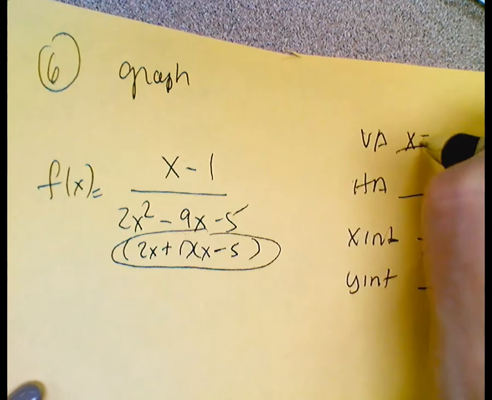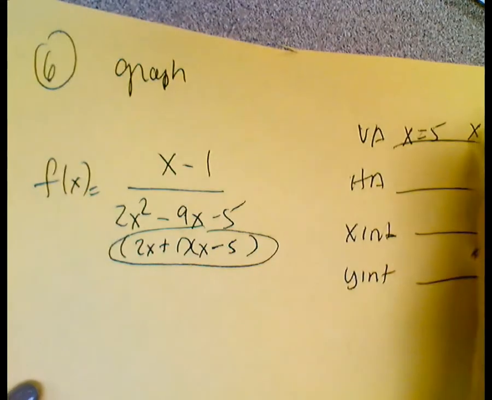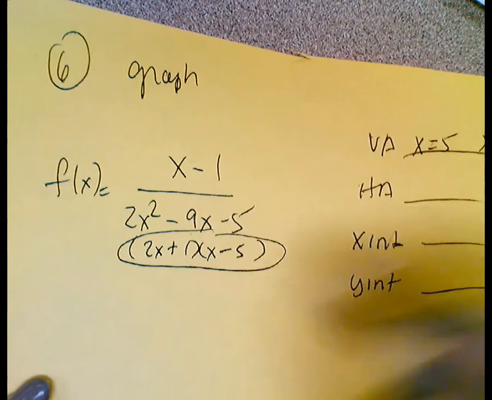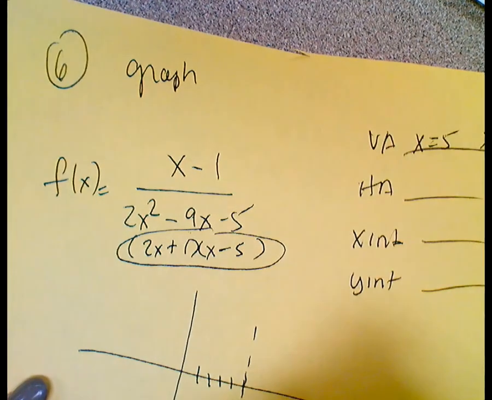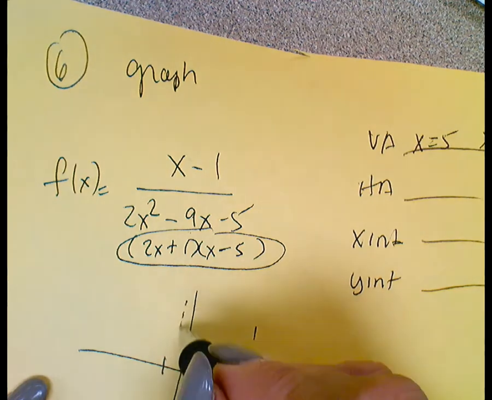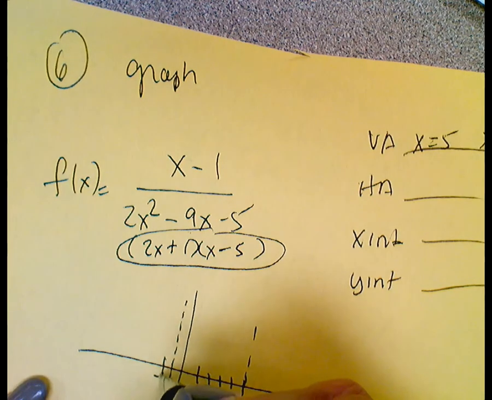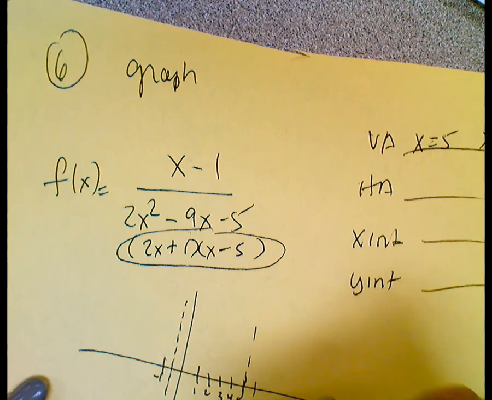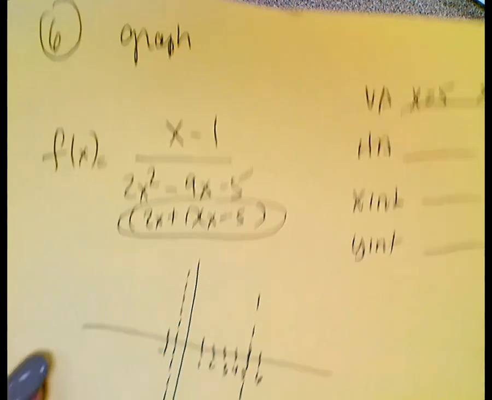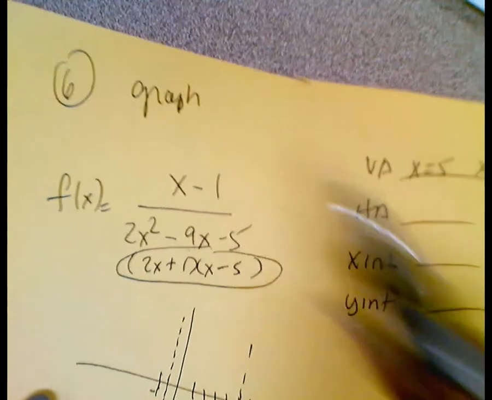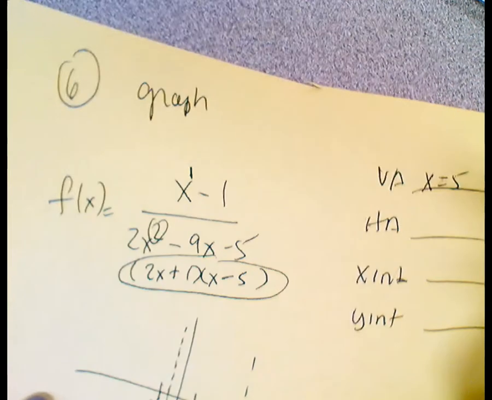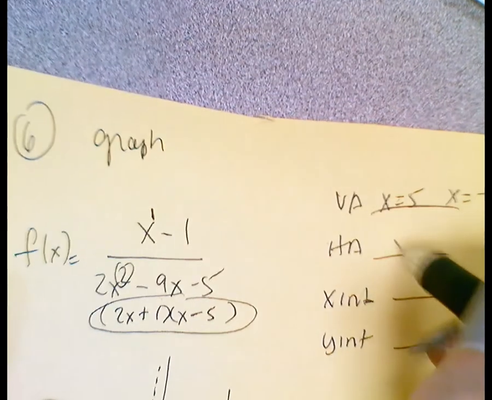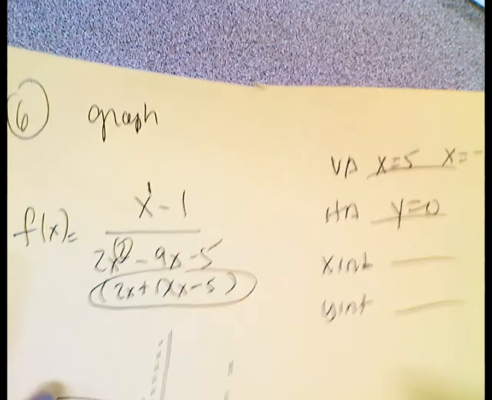One of them is x equals 5, and one of them is x equals negative 1/2. There's your vertical asymptotes. Because the numerator's degree 1 is smaller than the x squared on the bottom, your horizontal asymptote is always y equals 0.